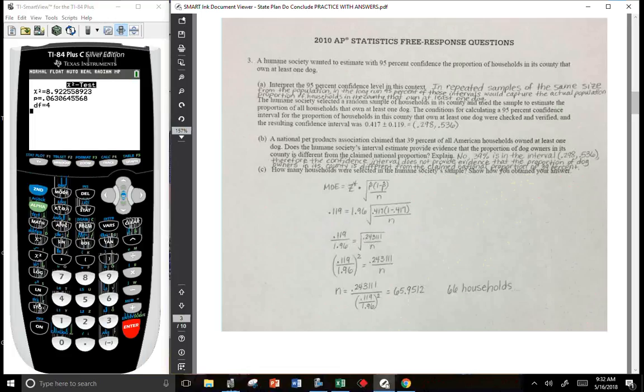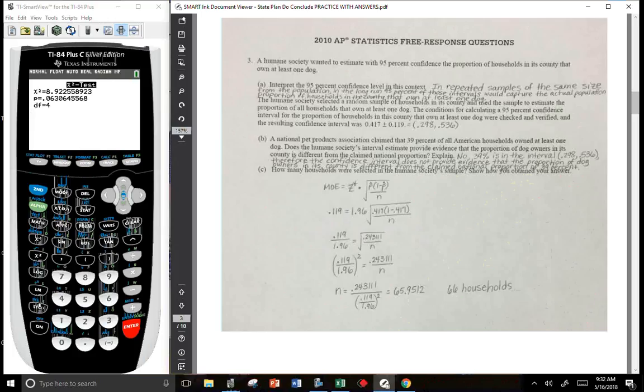Critical value times standard deviation would give you 0.119. Everything after the plus or minus, if they've already calculated it, it's the margin of error. Okay, so do y'all get where my 0.298 and my 0.536 came from? I just subtracted and added and got those numbers.